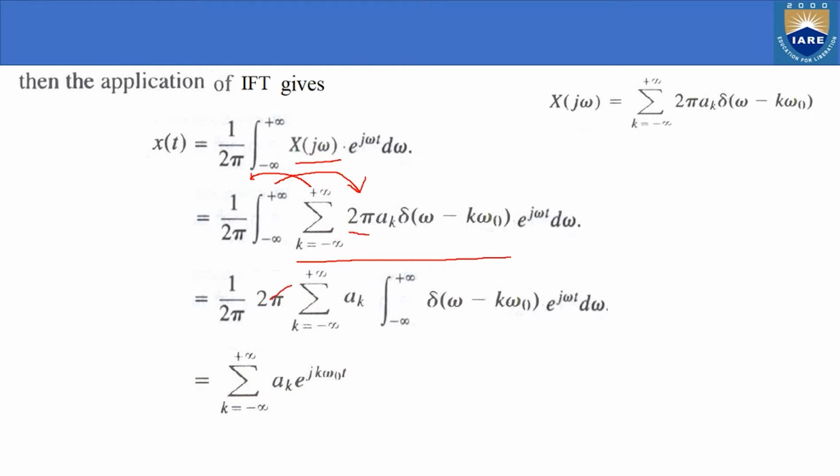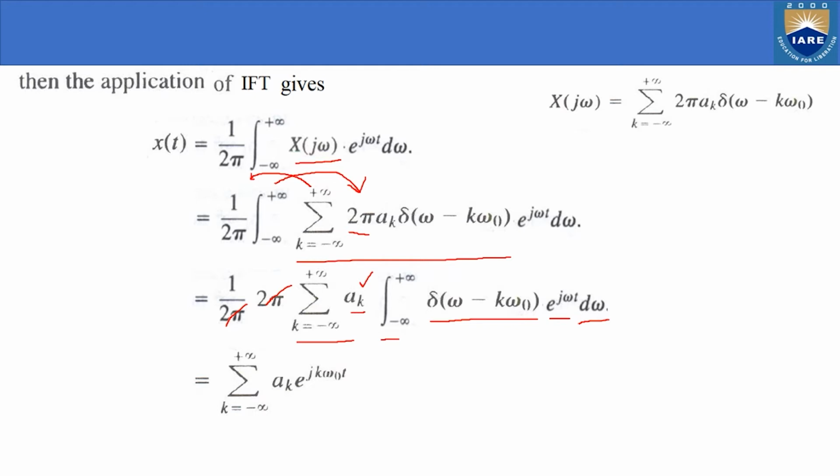So this 2 pi and the 1 over 2 pi will get cancelled. I have the summation outside, the integration inside. And what about ak? ak is also constant with respect to omega, so it stays out of the integral. Now the leftover portion is delta omega minus k omega naught e to the power of j omega t.